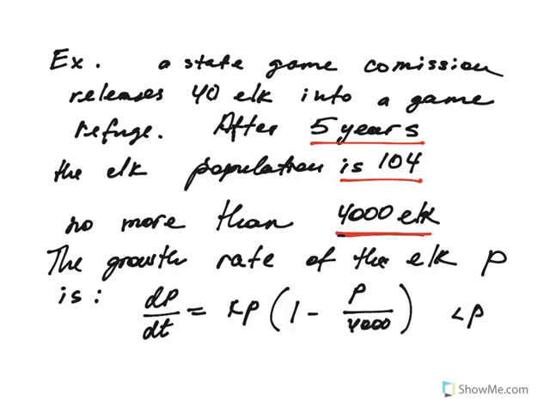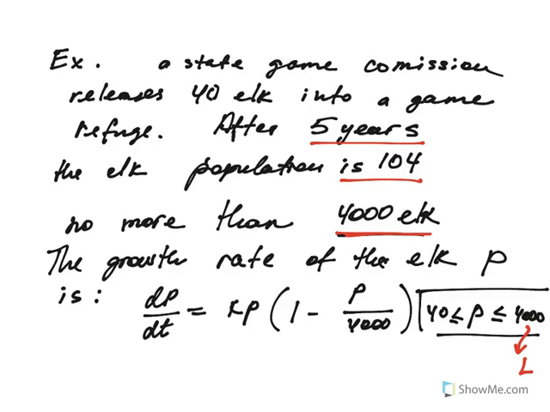Now, we are between or equal to 40 and 4,000. So the maximum number of your population is 4,000. You probably already guessed, so that the number 4,000 is your L, is your carrying capacity. So that's your maximum number. Now, please remember, t is the number of years.